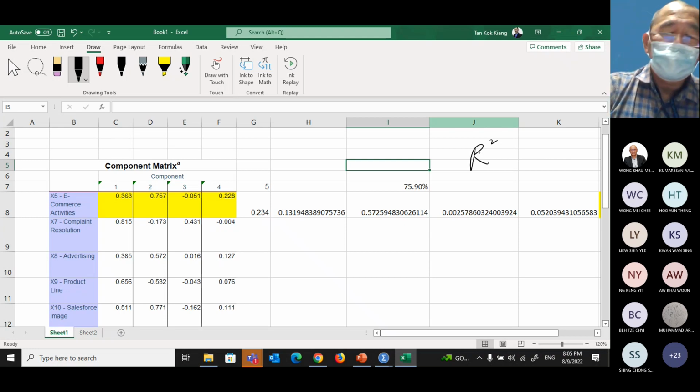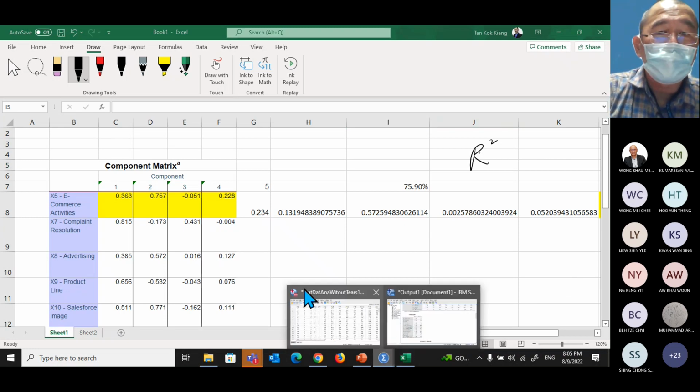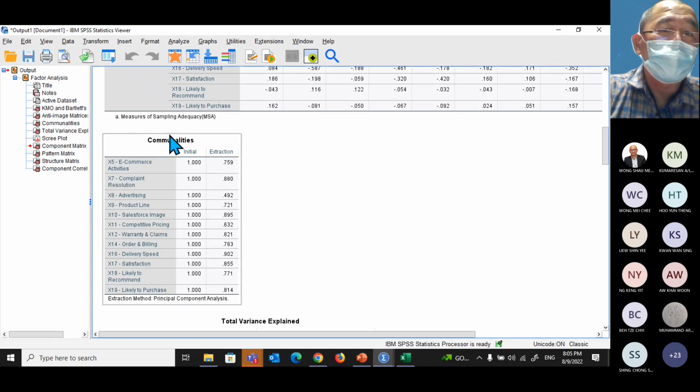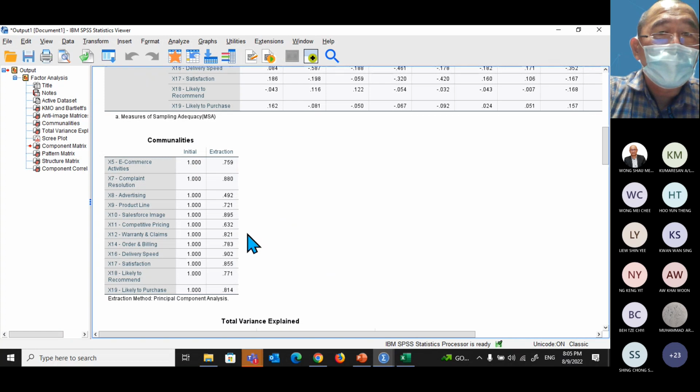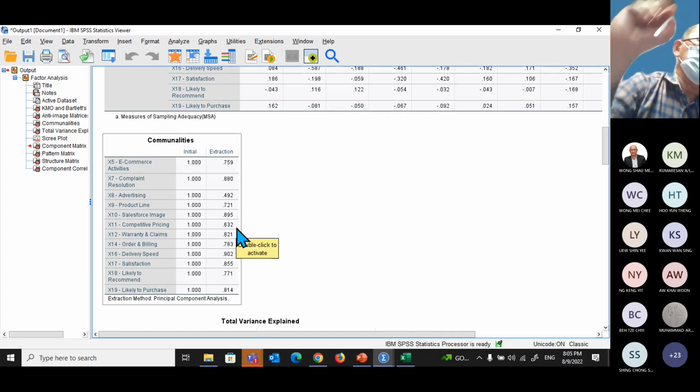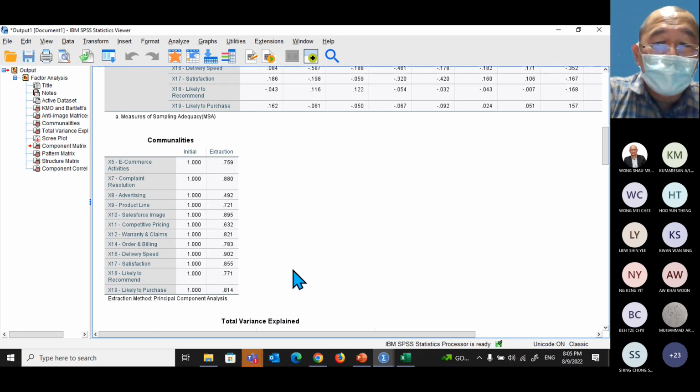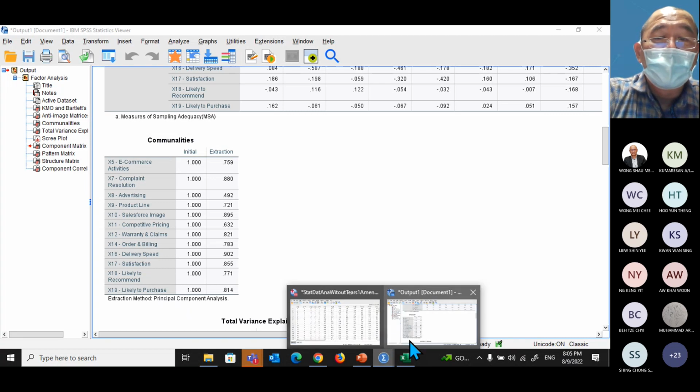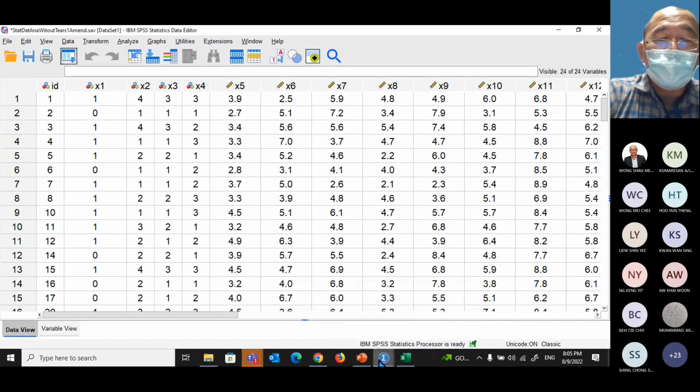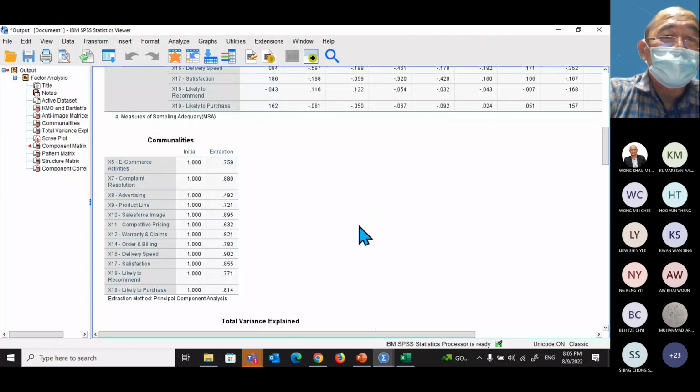Any question on this part? Communalities. Yes. Yesterday you were saying that some variables can be overlapping with other factors. You are right. Overlapping. Good question. Thank you. So overlapping is still possible in this table.